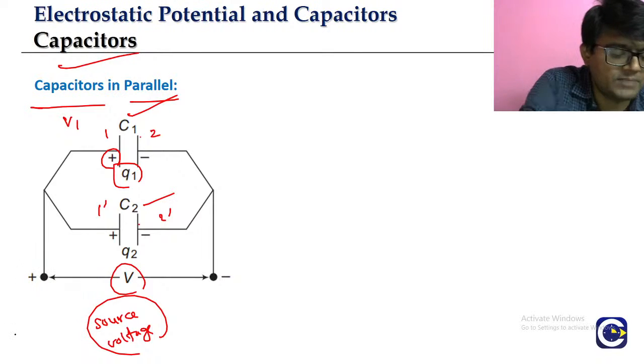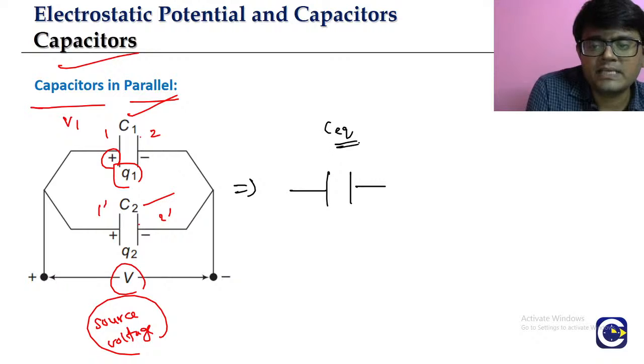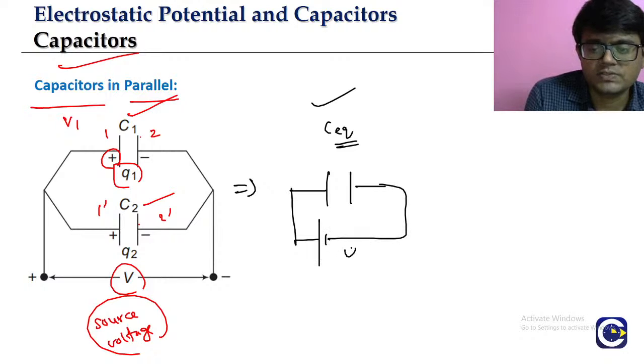So we are trying to replace both of them by using a single capacitor. If we replace, what will you be having? Look here, this is our equivalent capacitor. Its capacitance value we can call C equivalent. So this is connected across that voltage source. What is the charge that is taken from the battery? Capacitor 1 is taking a charge Q1, capacitor 2 is taking a charge Q2.